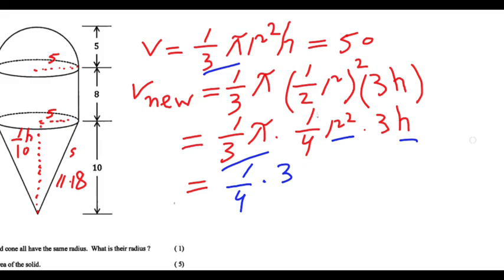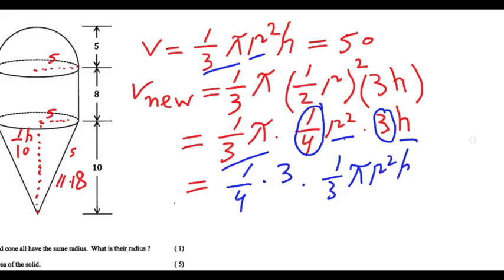We must remember only these two extras, so only 1 over 3 multiplied by 1 over 4 multiplied by 3 is the extra here, multiplied by 1 over 3 πr²h, and the rest of the formula is just like this. Or you can substitute everything, and the answer will still be the same.